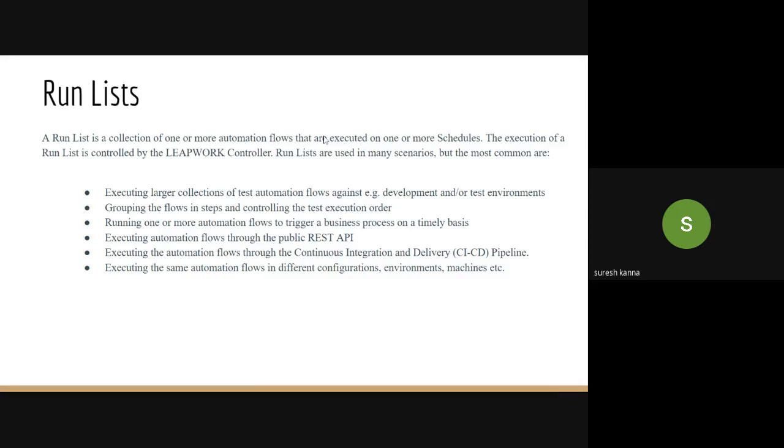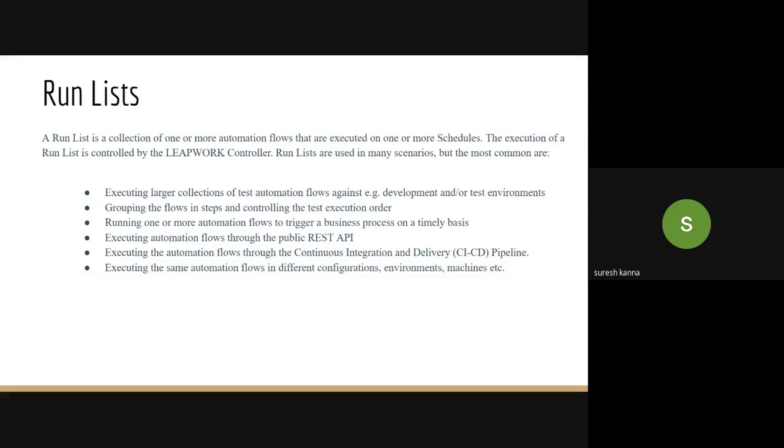For example, we can test this in the software development cycle. Running one or more automation flows to trigger a business process on a timely basis. Based on the given time zone, we can complete the testing within a stipulated time.